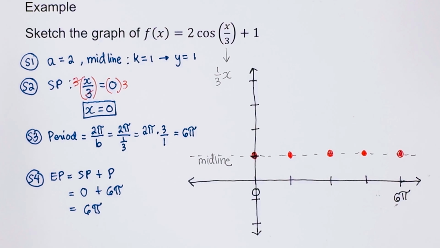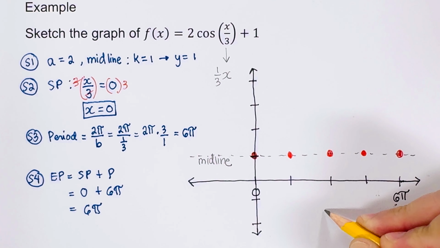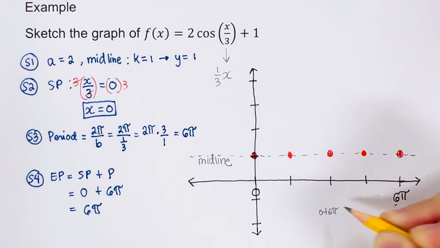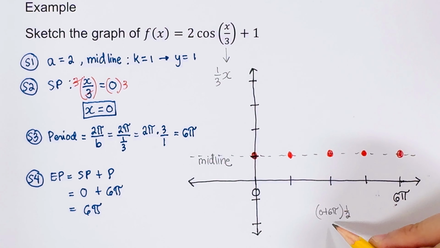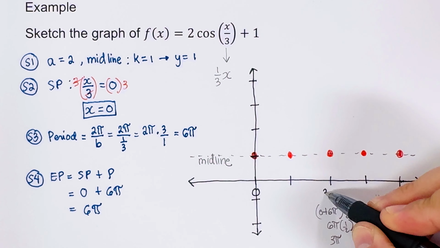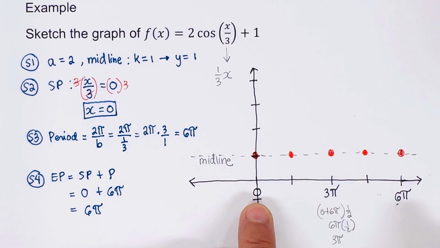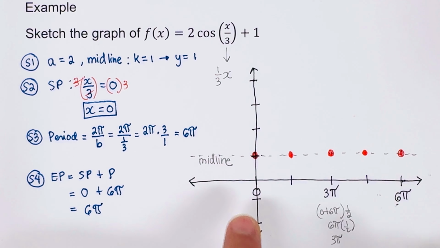To find the middle, we add the first and the last and then multiply by 1/2. So 0 plus 6 pi is 6 pi, times 1/2, so that would be 3 pi. That makes sense because half of 6 pi is 3 pi. Now let's find the middle between 0 and 3 pi.